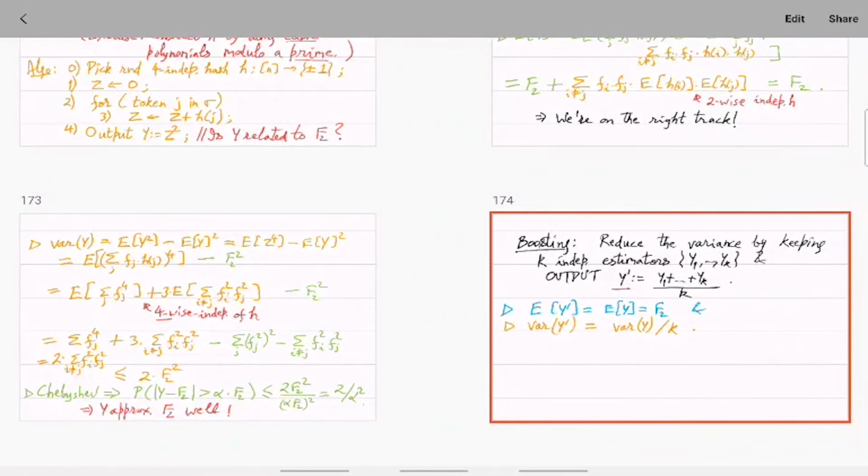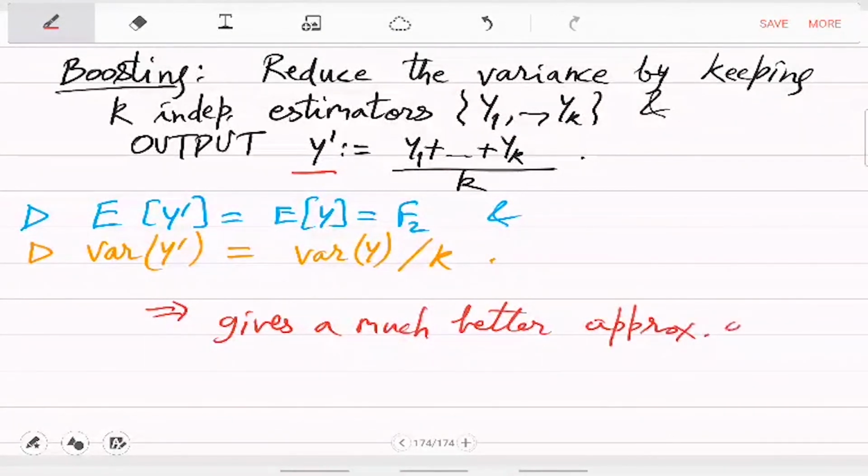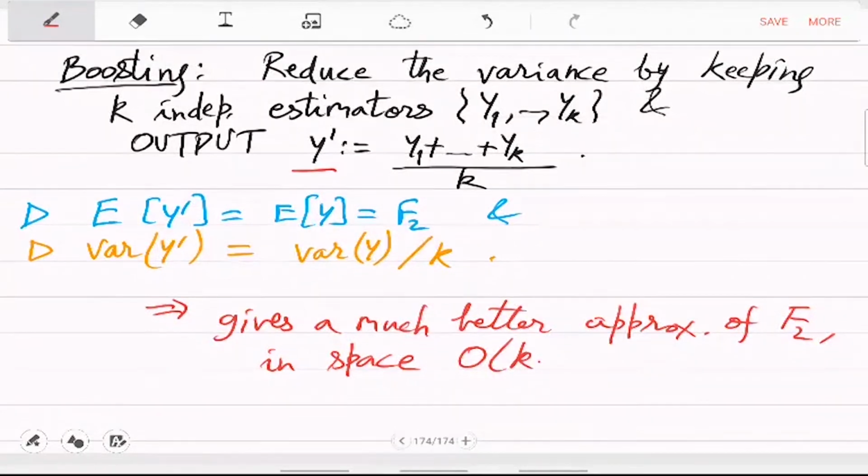So, you will get the desired probability, and you can take alpha to be as small as you want, right. So, y will be a very good approximation of f2. Okay. So, this gives a much better approximation of f2 in space k times log m.